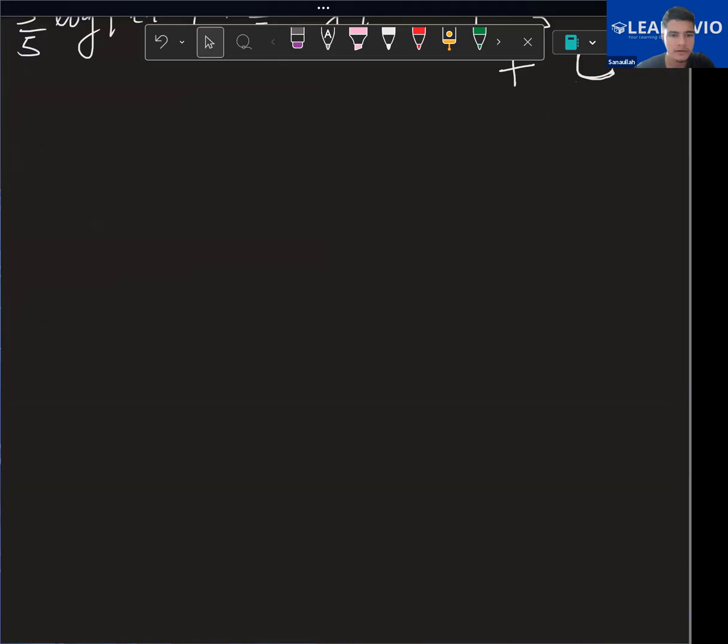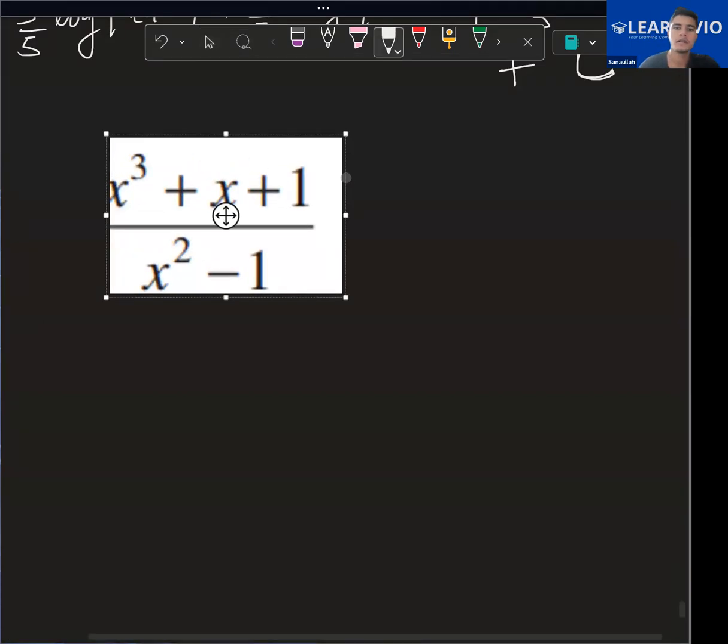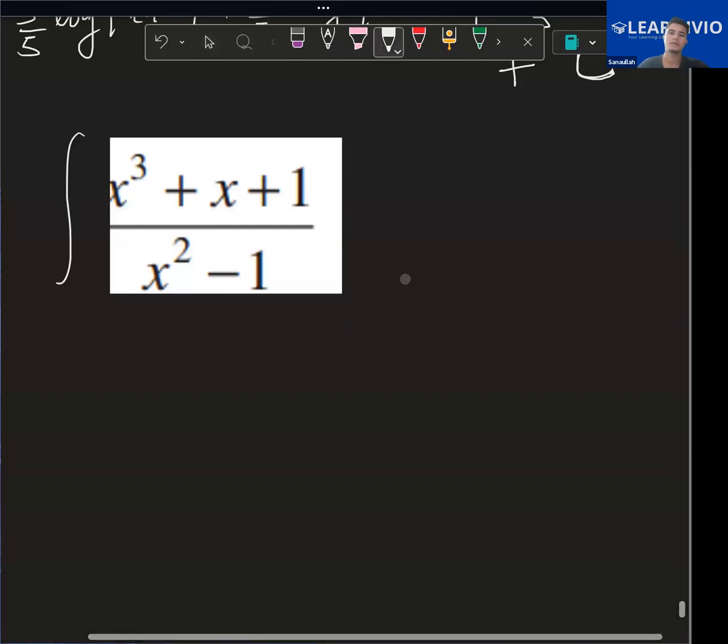Okay, tell me what you will do when you have a greater power in the numerator, like this one. अगर आपके न्यूमरेटर में ज्यादा पावर होगा तो क्या करोगे? Like you have to integrate this. So what you will do? Tell me.